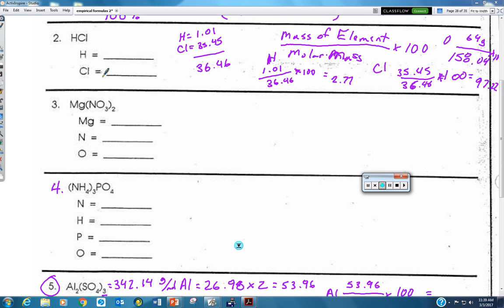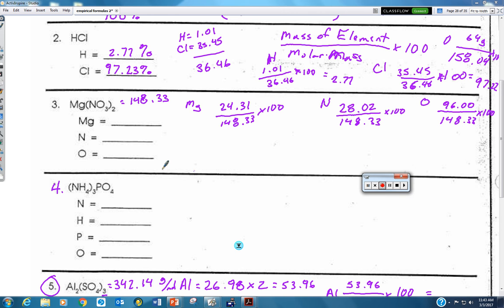Alright, so when we do number 2, we come up with 2.77% hydrogen and 97.23% chlorine. Again, coming up to 100 or really close to 100. Alright, so for magnesium nitrate, we come up with the following.